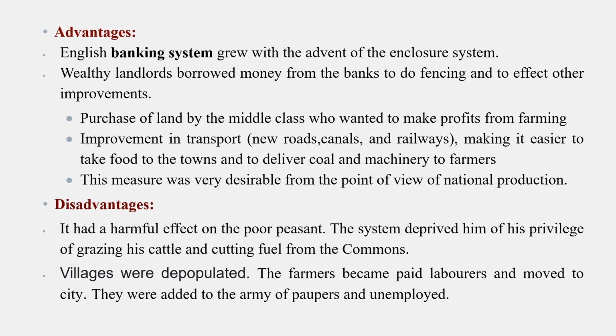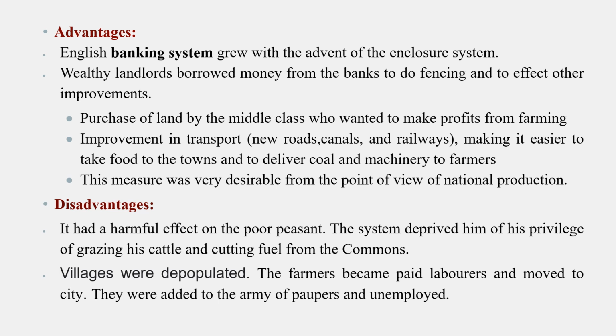Wealthy landlords borrowed money from the banks to do fencing and to effect other improvements. So they had to borrow money from the banks because of the enclosure system. Many small independent farmers had to sell their lands. And middle class people purchased their land to make more profits through farming.